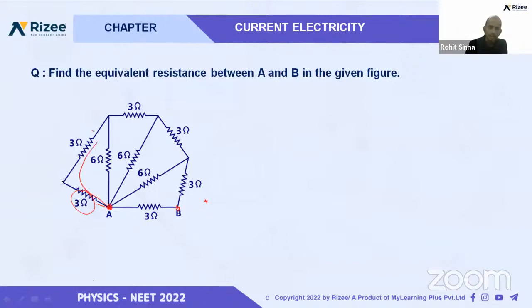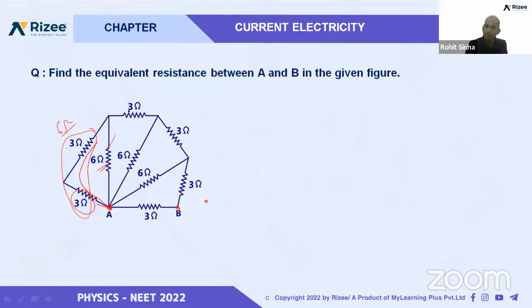Both are in series combination. It will be 6 ohm resistance. This 6 ohm and this 6 ohm are in parallel. 6 ohm parallel 6 ohm will give 3 ohm.